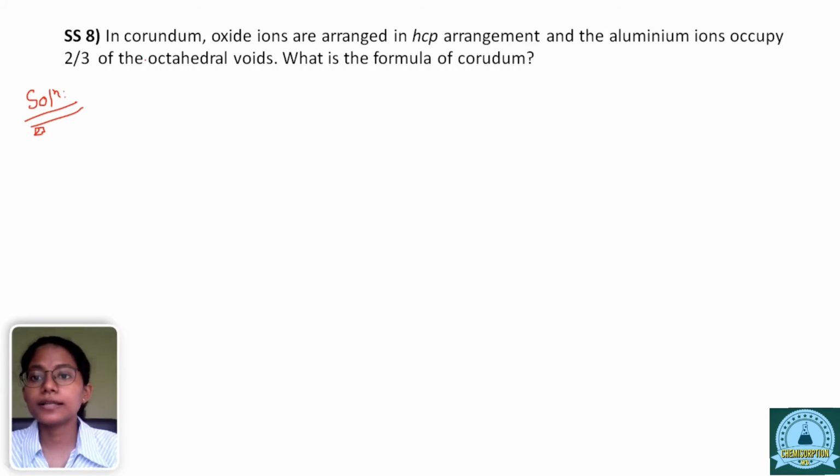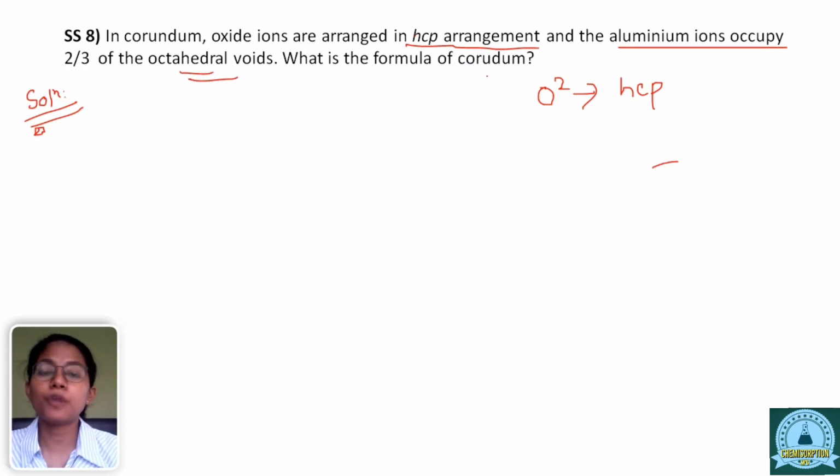So, in corundum, it means aluminum oxide, oxide ions are arranged in HCP arrangement. So it is saying that oxide ions are occupying HCP arrangement, and aluminium ions occupy 2/3 of octahedral voids.